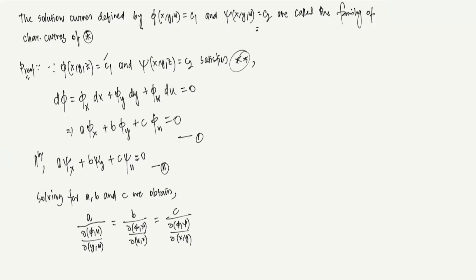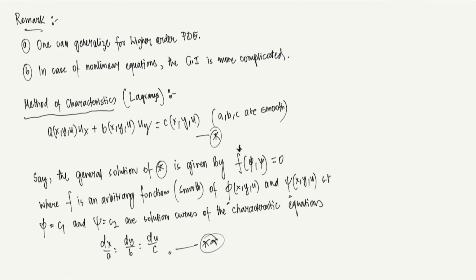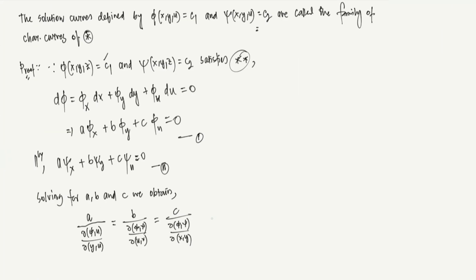Now, f of phi psi is given to be 0. So that will imply that p times del phi psi by del y u, one second, I wrote a mistake, this is phi psi, plus q times del phi psi by del u x, equals del phi psi by del x comma y.